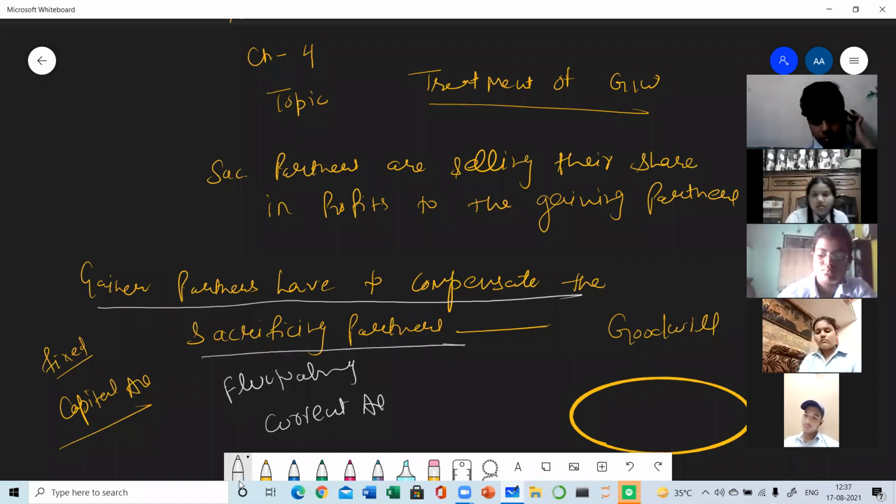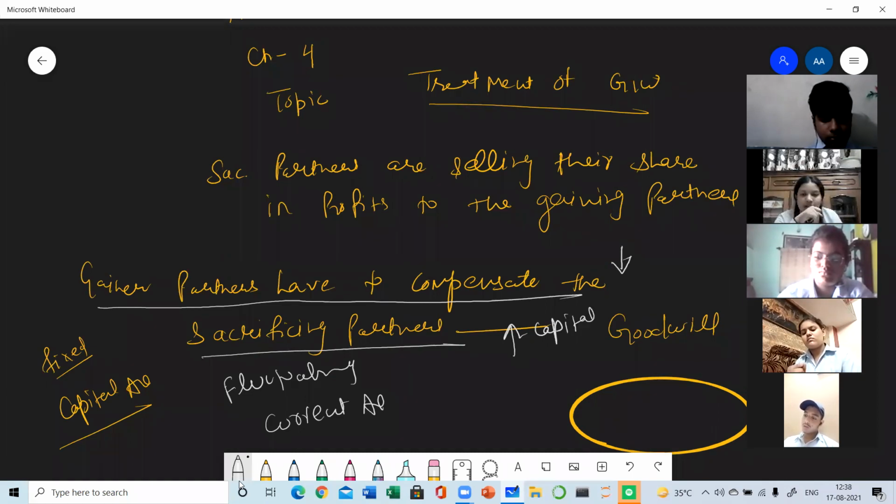So the gainer partner's capital must decrease and the sacrificing partner's capital must increase. The partner who is paying, his capital is decreased, and the partner who is receiving, his capital is increased. So what will be the journal entry?